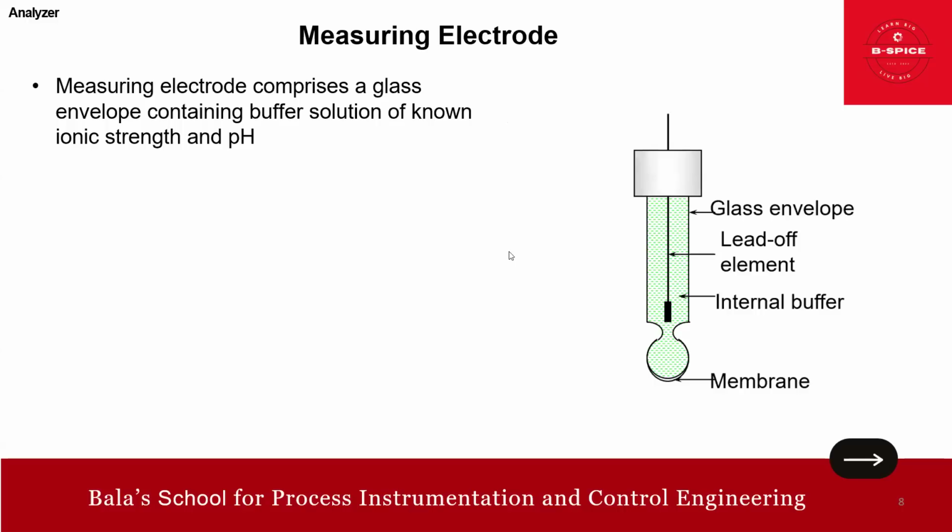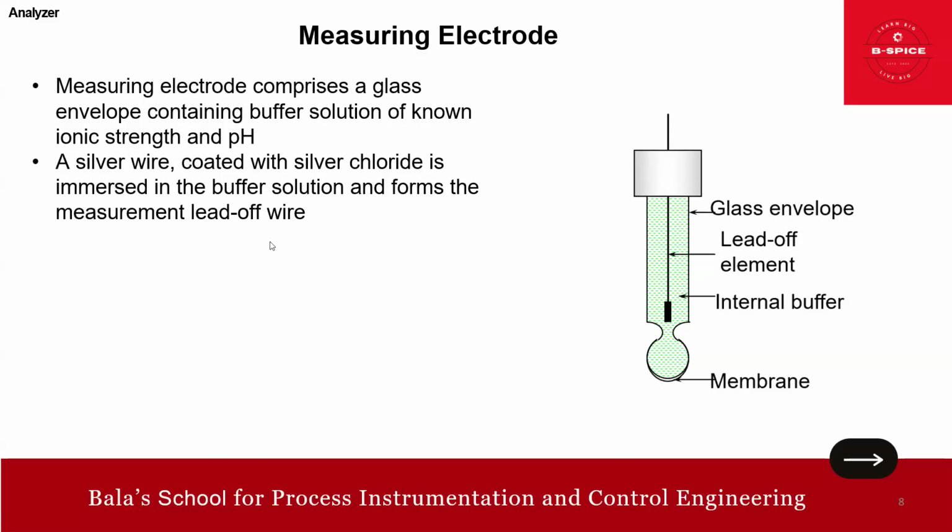Okay. Now we'll go into the detail. Measuring electrode. The measuring electrode comprises a glass envelope containing a buffer solution of known ionic strength and pH. This is the typical measuring electrode. You can see here the membrane, the internal buffer, the lead element, the glass envelope. A silver wire coated with silver chloride is immersed in the buffer solution and forms the measurement lead wire. This one, lead element here, right?